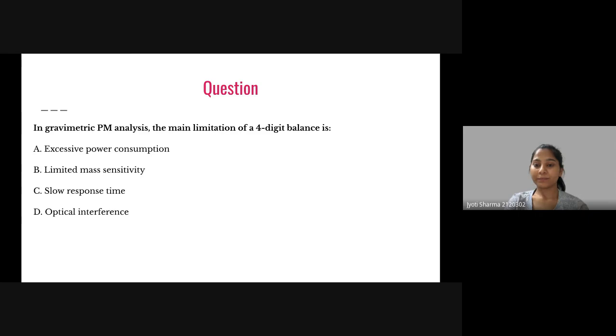If you have a four digit balance, and let's say your particulate matter mass is 0.000056 gram, and it is just measuring up to 0.0000 gram, then how will you measure that small mass of your particulate matter? So the mass sensitivity will be limited if we have just a four digit balance.